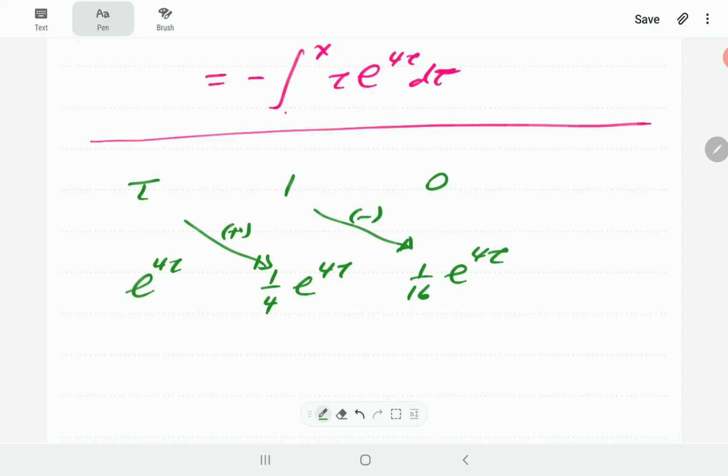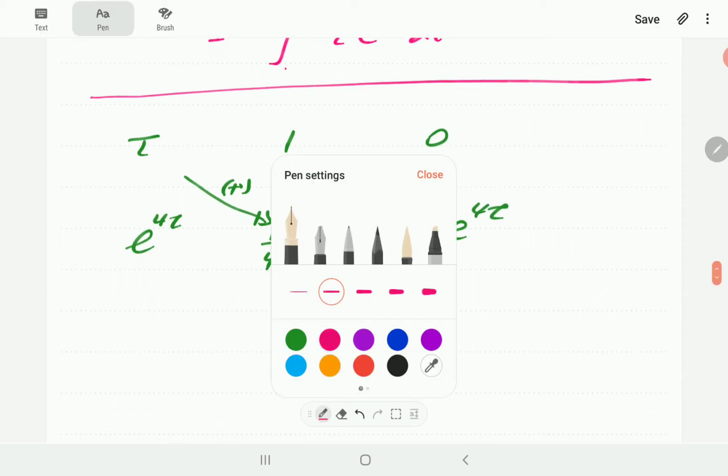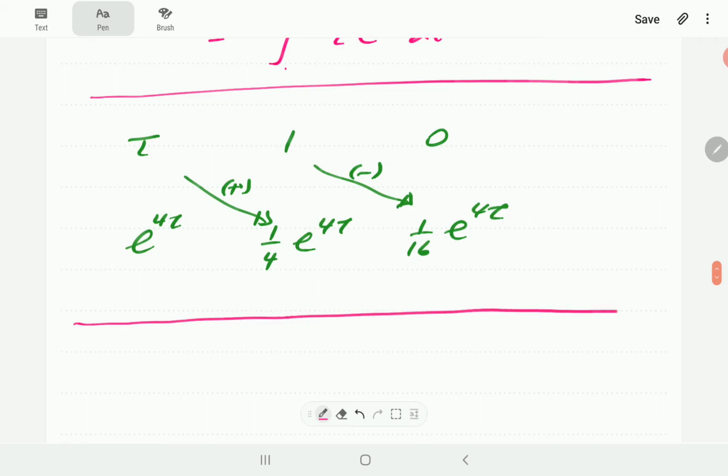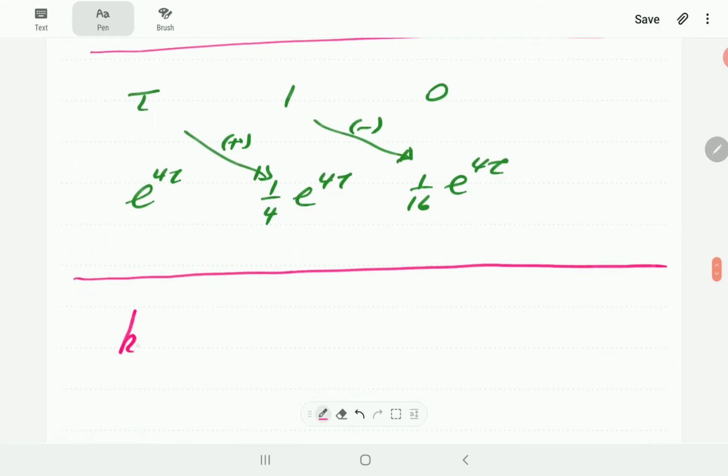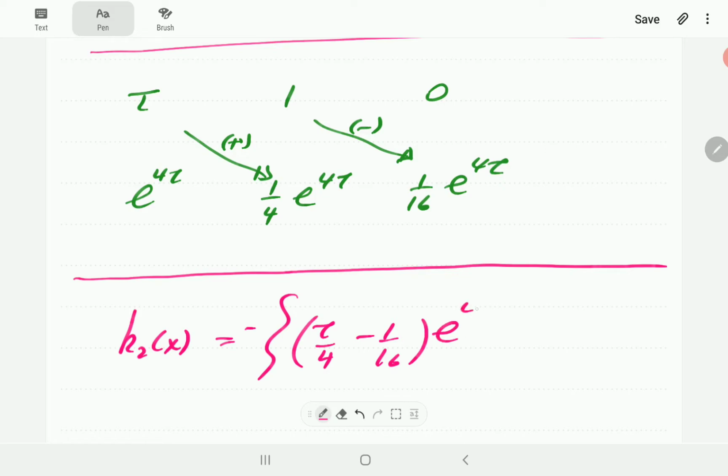Then we match them accordingly as shown by the arrows and the respective signs. So k2 is going to be equal to the negative of tau over 4 minus 1 on 16 e to the 4 tau.